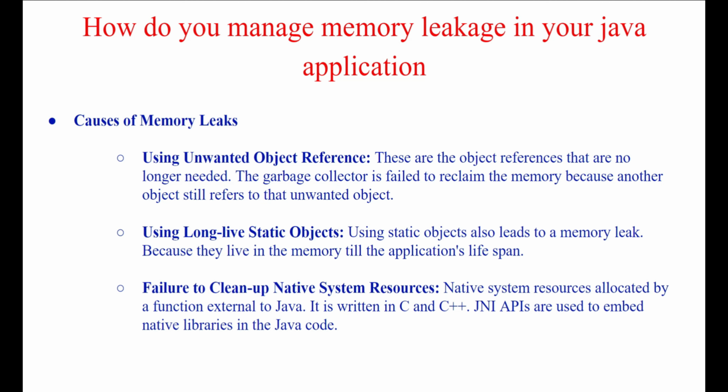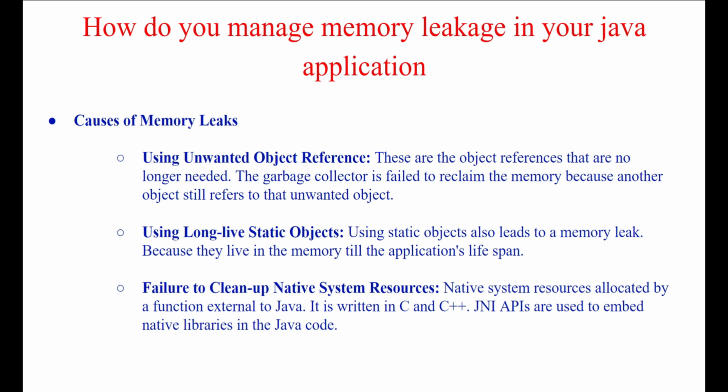Third, but not so usually a reason in a Spring application, is that you might have some resources created by native systems. Now, what are native systems? Native systems are the older systems. For example, if you have some code written in C, C++, JNI and all those things, they might have created some resources and they are being called externally by your Java application, for seamless integration between multiple systems.